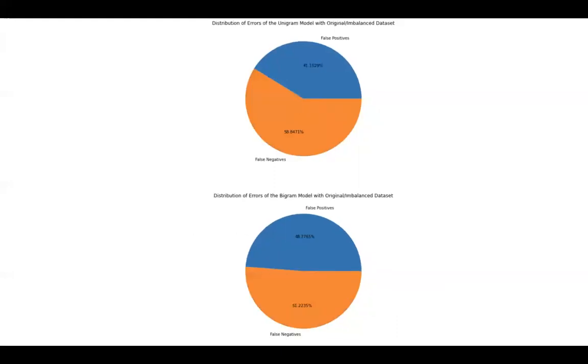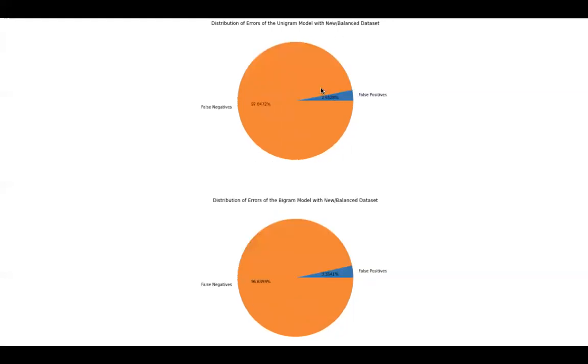But if you wanted to minimize false positives, and you had a similar data situation to the original data set where one class was a huge proportion of the total data, let's say it's okay in your specific application to let things go undetected, but false positives raise a lot of hoopla and disruption and a lot of activity, then maybe you want to minimize the rate of false positives, and you might go with the unigram model. It depends on your application for sure.